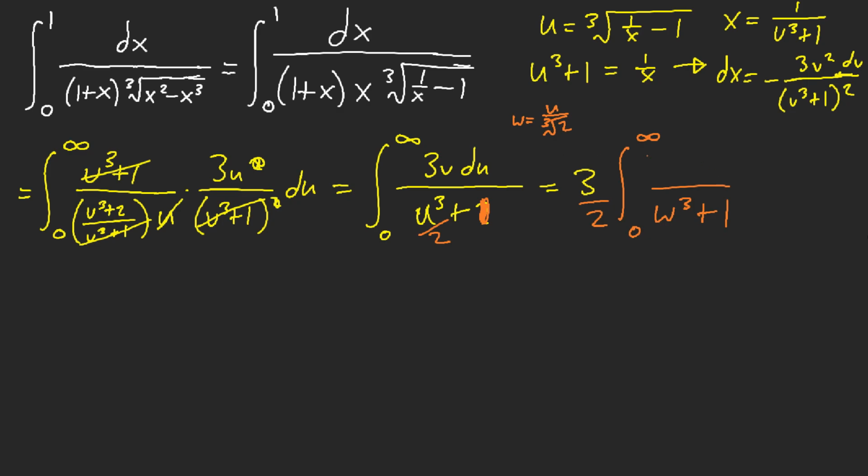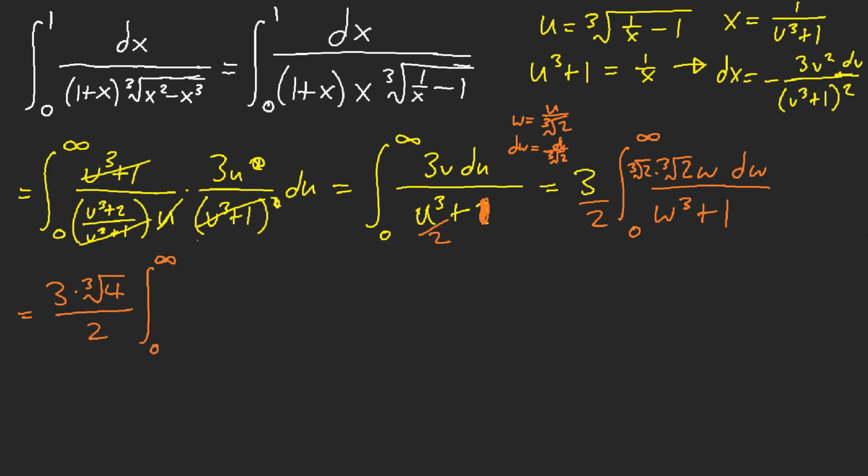And then u is equal to cube root of 2 times w, and du is cube root of 2 dw. Is that it? No, that's not the only thing. We also have another cube root of 2 as well. Just be very careful with that. So we pretty much have 3 times cube root of 4 over 2.